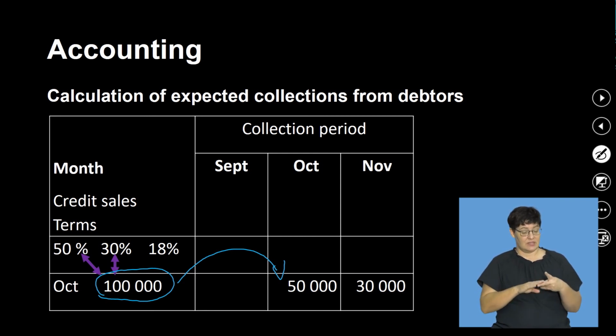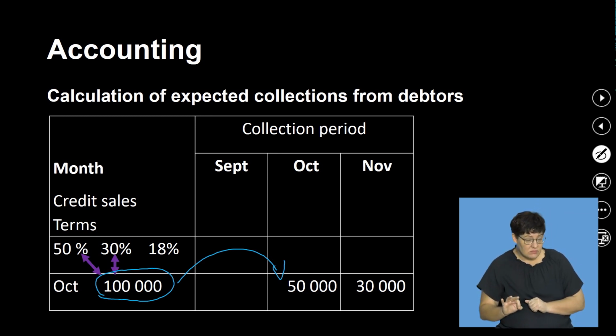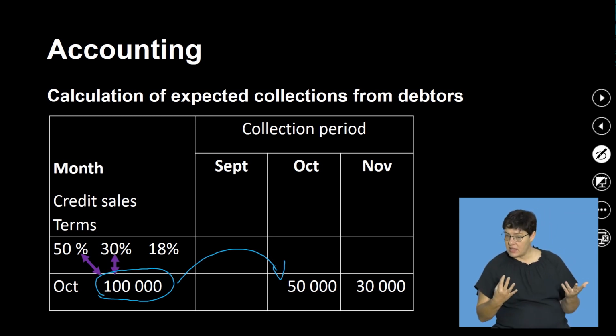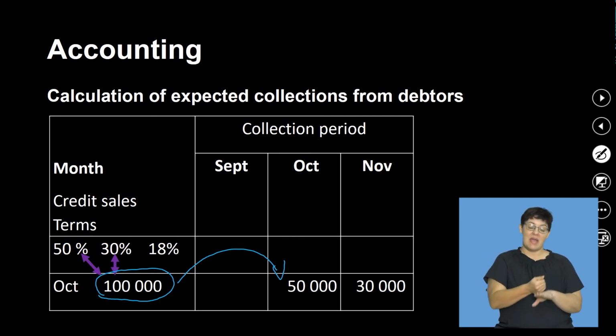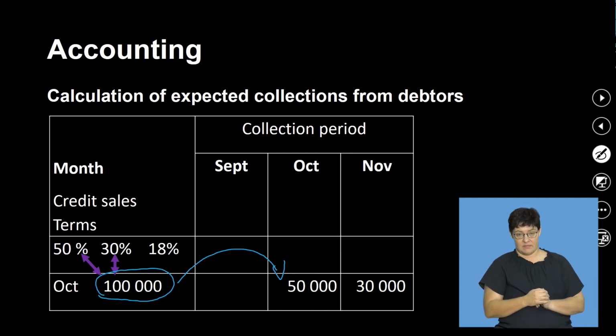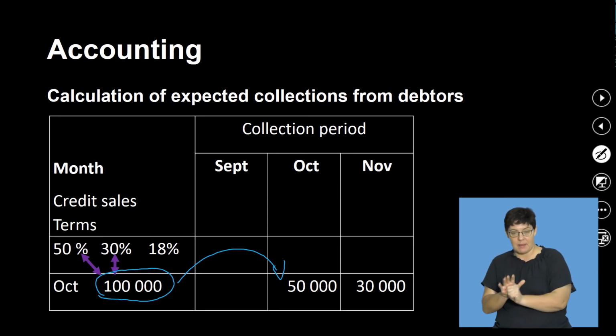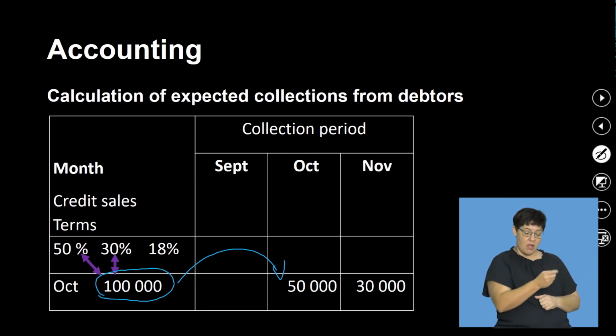Right, second one. October is now going to impact on November. So what percentage of my debtors will pay me in November, based on the October sale? That's the important component. Identify the month of sale and then look at its impact. For example, October will be 50% in October and 30% in November.